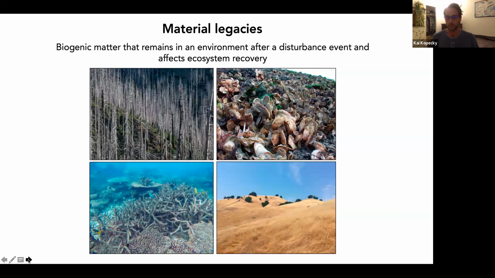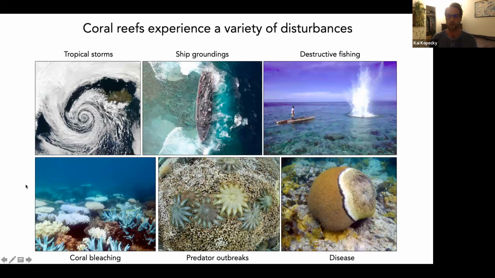While I'm interested in how these material legacies affect ecosystem recovery in general, the majority of the work I've done has focused on coral reefs. Coral reefs experience all these different kinds of disturbances that can cause corals to die. Across this top row here, we have tropical storms like hurricanes or cyclones.